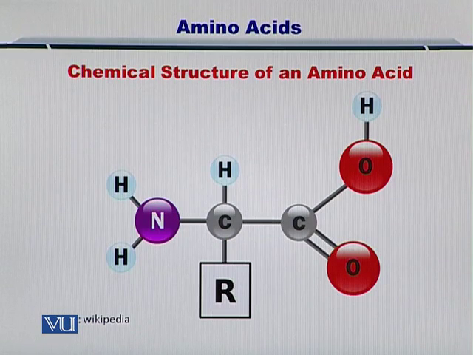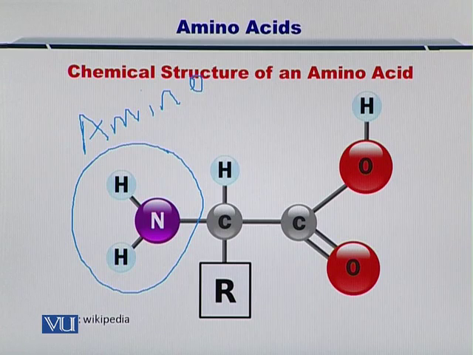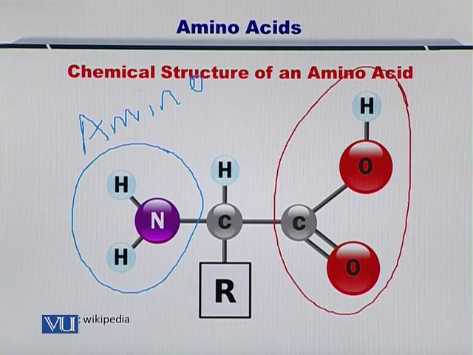The commonality between these 20 amino acids is such that at one side, they have the NH2 or the amino terminal, while at the other side, they have the carboxylic group attached. Carboxyl group.